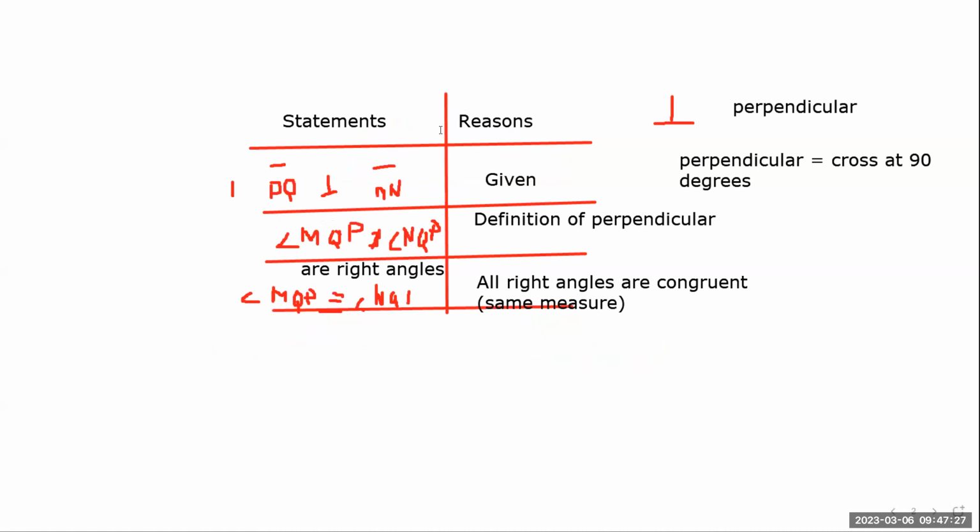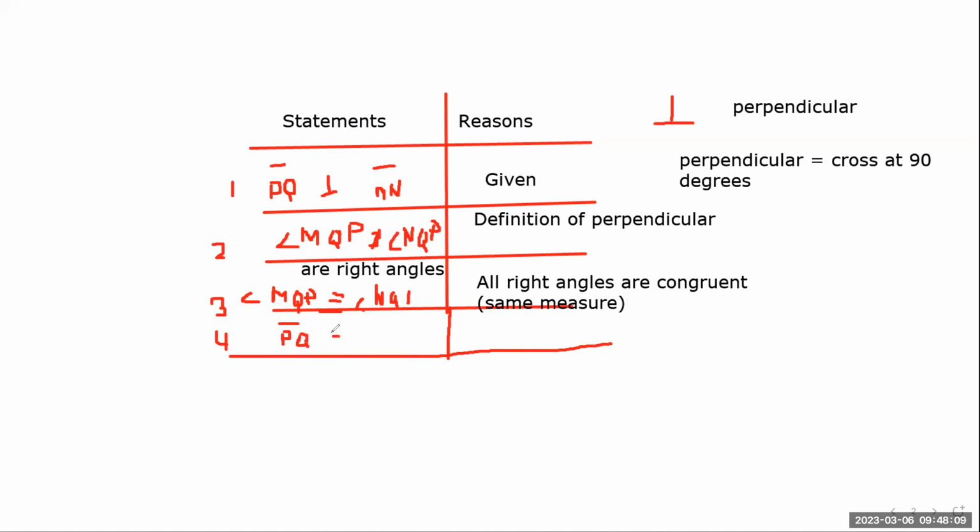You need actually two more here. So statement number 4 would be that PQ is congruent to PQ.